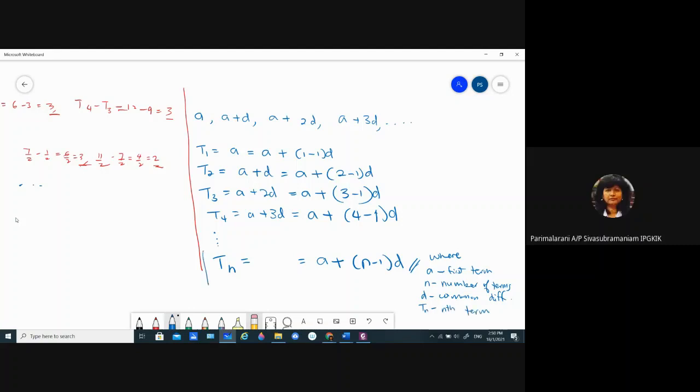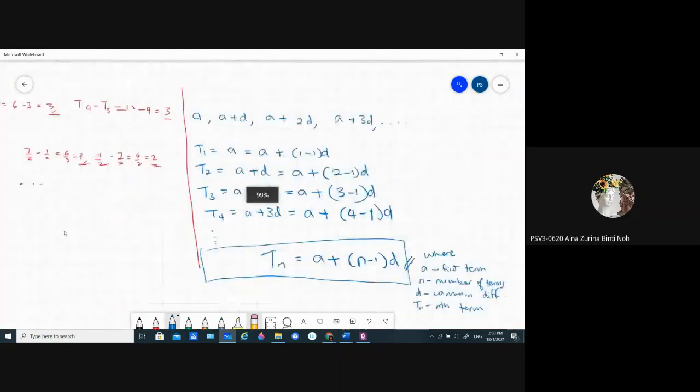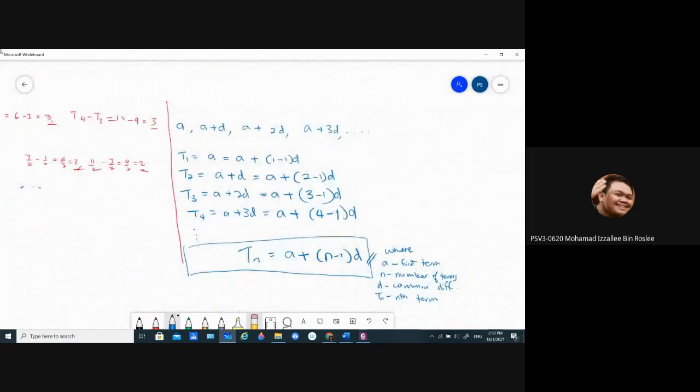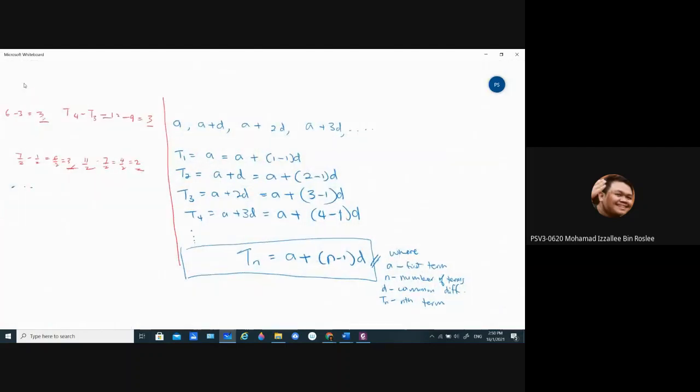So this is our formula to find the nth term. Okay, let's go to the next slide.